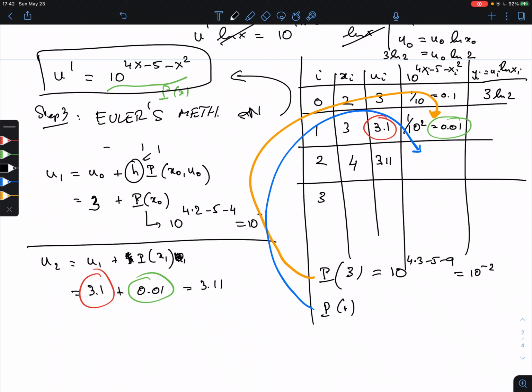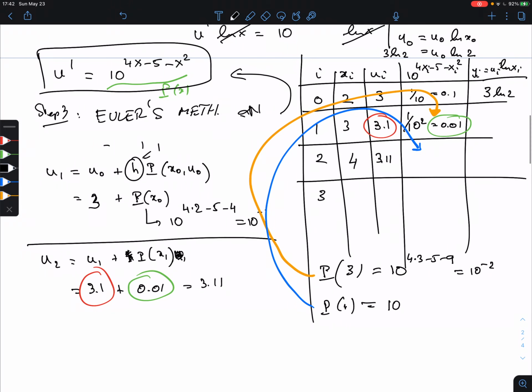Okay, so P4, because my x2 is now 4, is 10 to the 4 times 4 minus 5 minus 4 squared, 16. Oh, the 16 cancels. 10 to the negative 5. That is, so 10 to the negative 5, which is 0.1, 2, 3, 4, 5, right?